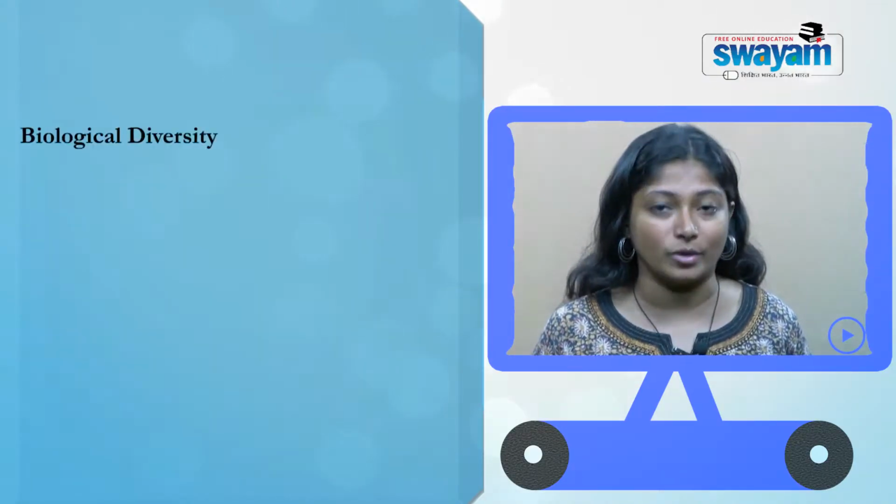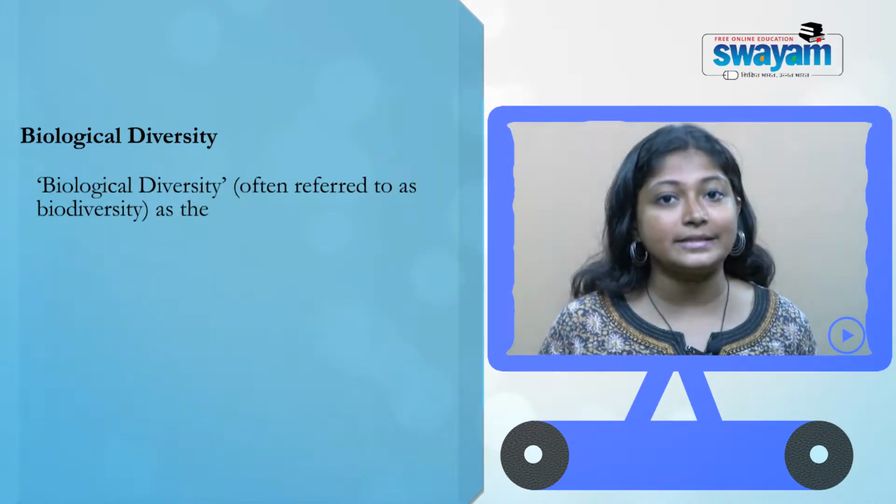We will also be focusing on three areas: particularly the knowledge and the practices of indigenous and local communities relating to biodiversity conservation and sustainable use, biodiversity inclusive environmental impact assessment, and thirdly, biosafety and regulations relating to genetically modified organisms or living modified organisms. So before we begin, let's discuss what is biodiversity.